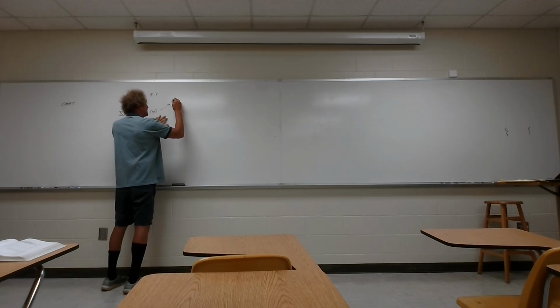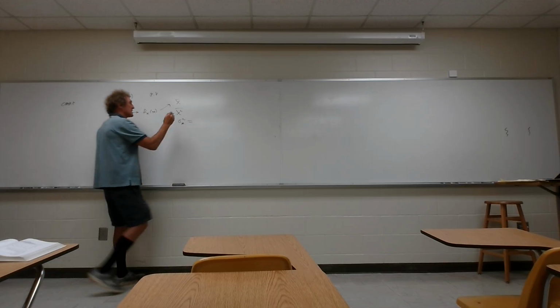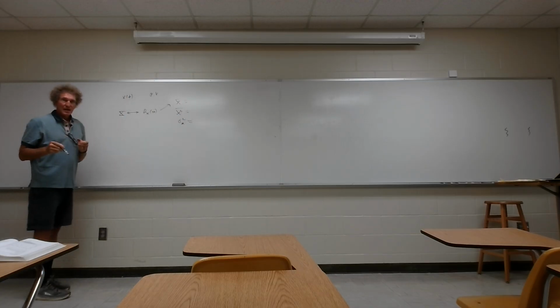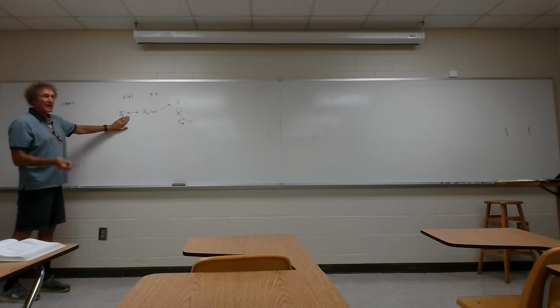You can get the mean value, the mean squared value, the standard deviation of x, or I should say the variance. All those things can be easily identified if you have the density function. You'll notice this is not a function of time. This is a real important point. It's just a function of x.